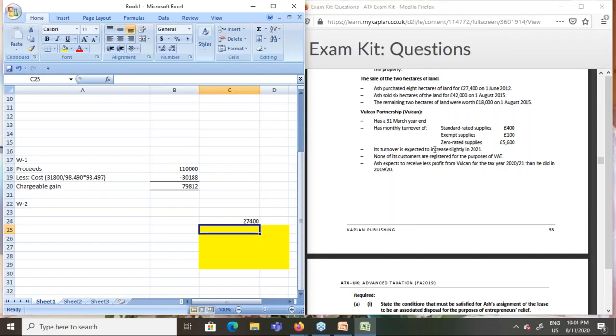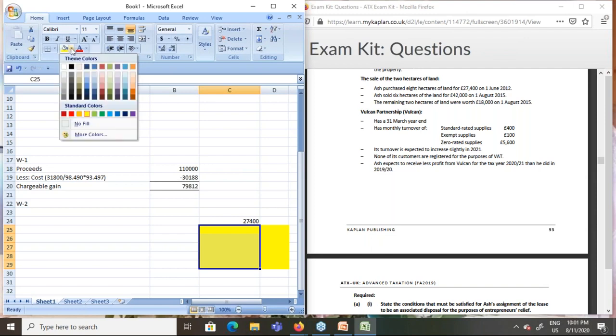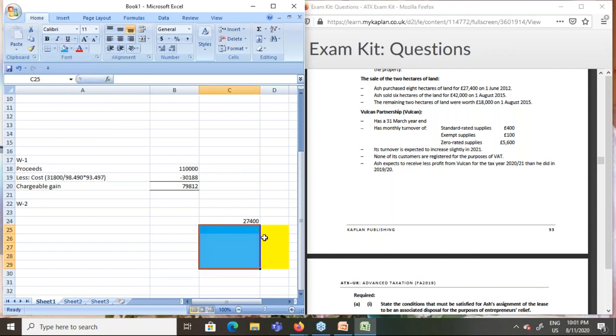On 1st of June 2012, and then sold 6 hectares on 1st August 2015 for how much? 42,000 pounds. The remaining 2 hectares of land were worth 18,000 on the 1st of August 2015. The part that you sold, we'll name it as A. The balance part, we will label it as B.